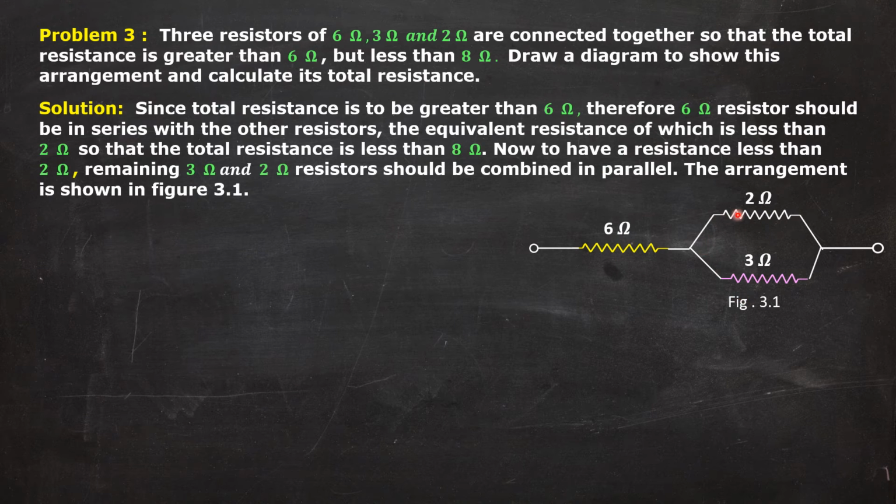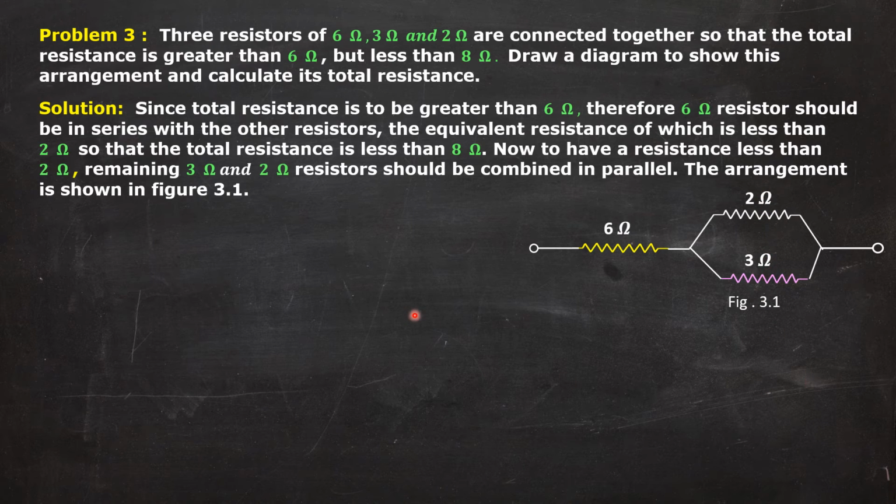If they are connected in series, we get a total resistance greater than 8 ohms. For that reason, the 6 ohm resistor should be connected in series with the parallel connection of 2 ohms and 3 ohms.